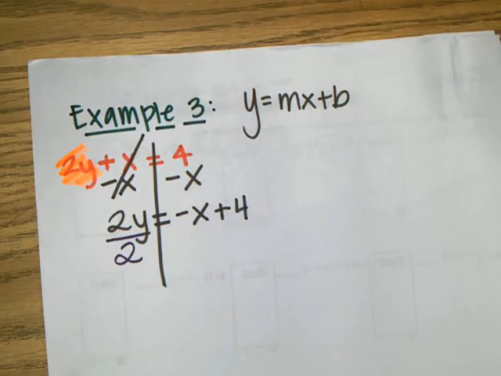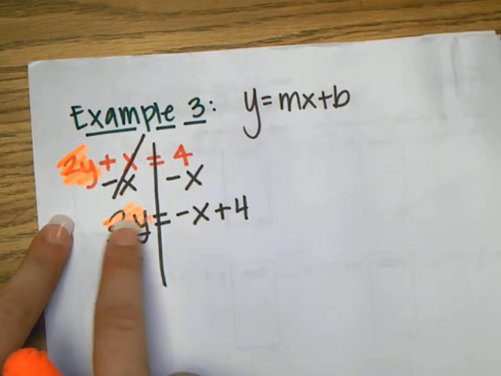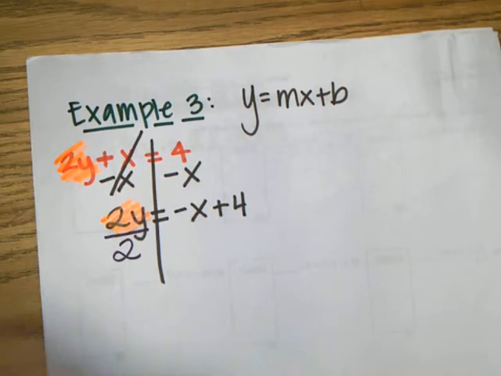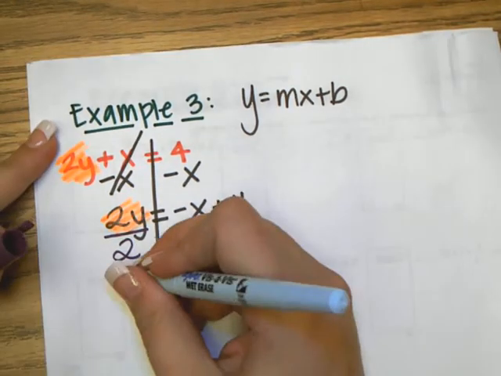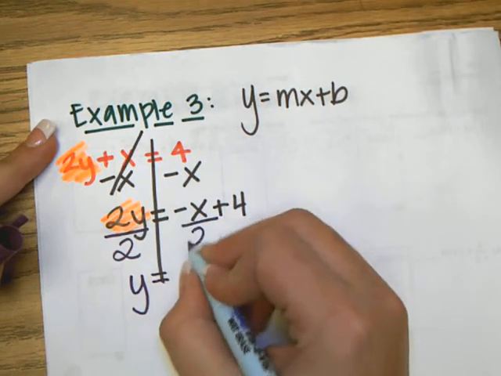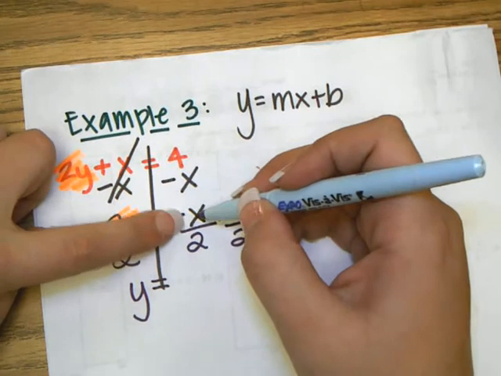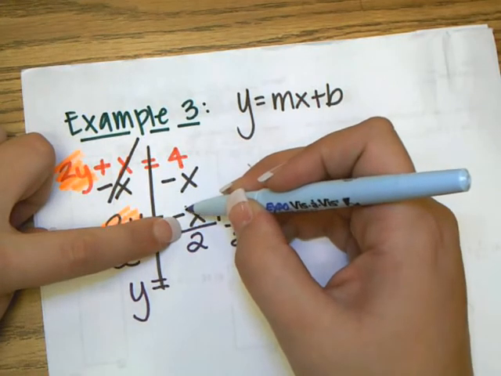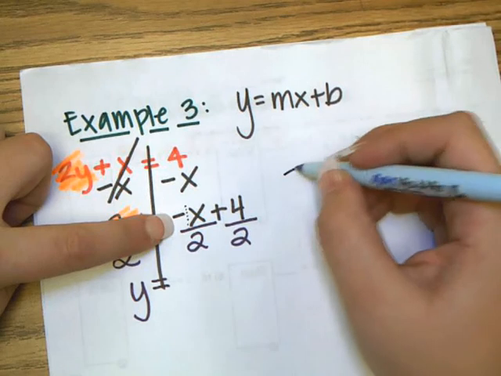Then we're going to divide everything by 2, because once this term is by itself, to get rid of the coefficient in front of the y, we need to divide, because 2 divided by 2 is 1y. We want y left by itself. Whatever we do to the left side, we have to do to the right side. So we have a negative x, so in front of the x there's that 1.